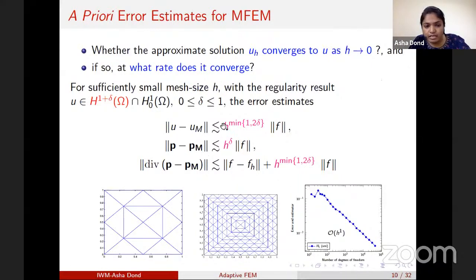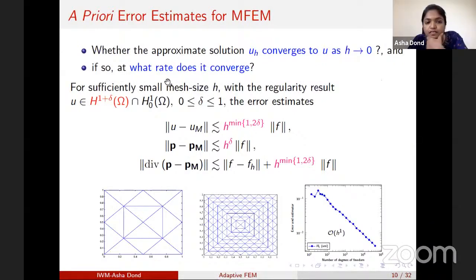This a priori analysis makes sure that the error p minus p_h is bounded by h raised to delta. Since h is decreasing, clearly this error will tend to 0. So here is the graph: if h is decreasing, then your error will decrease. So it makes sure that your discrete solution is converging to the exact solution.